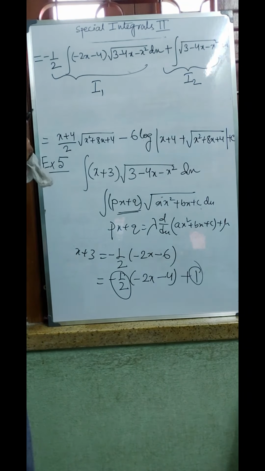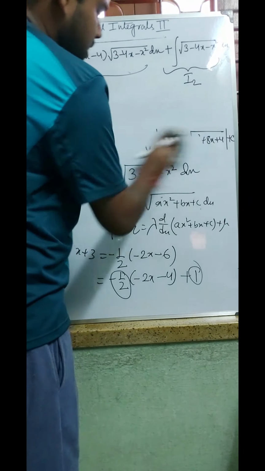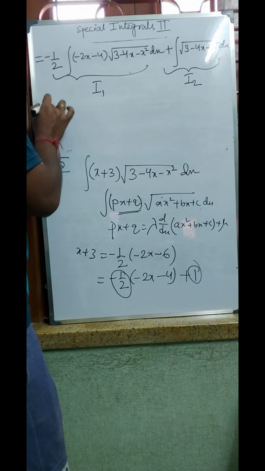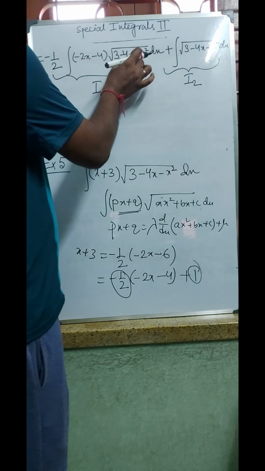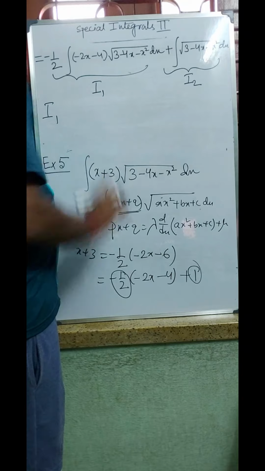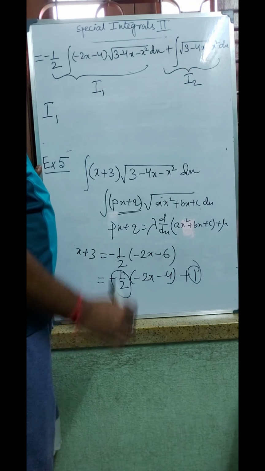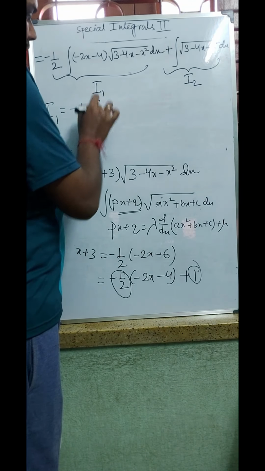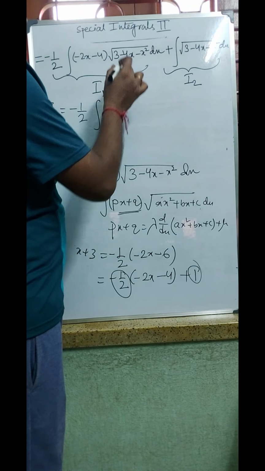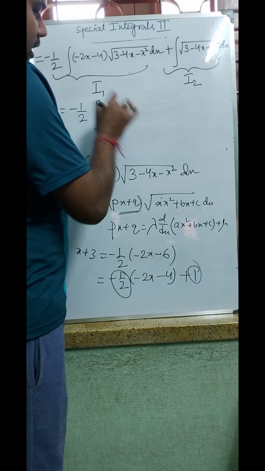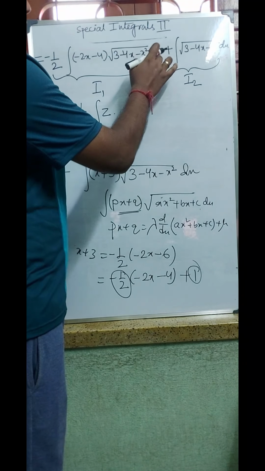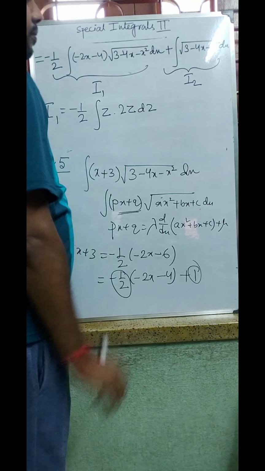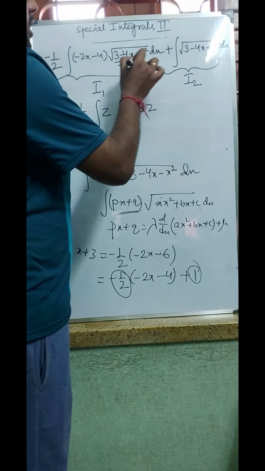Now the first part of the integration is simple. It is very easy to solve. In the first part, I1, if I take this as z squared, then this whole thing becomes dz. So therefore this becomes minus half integration of z into 2z dz, considering this part as your z.